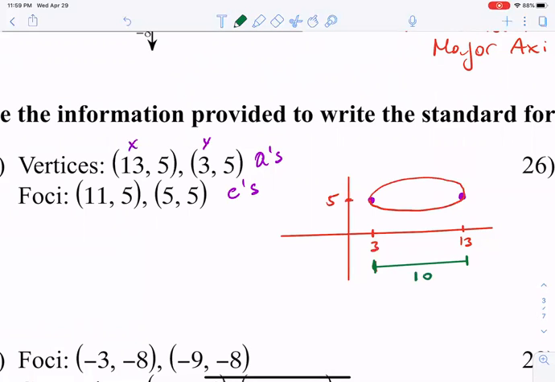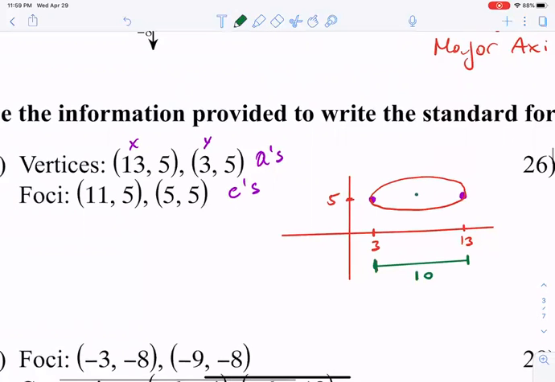The distance from 3 to 13 is 10. Remember, the distance from the center to one vertex is A, and from the center to the other vertex is A. But I don't want to think too much. I know that this length is equivalent to 2A. So 2A equals that distance, which is 10.